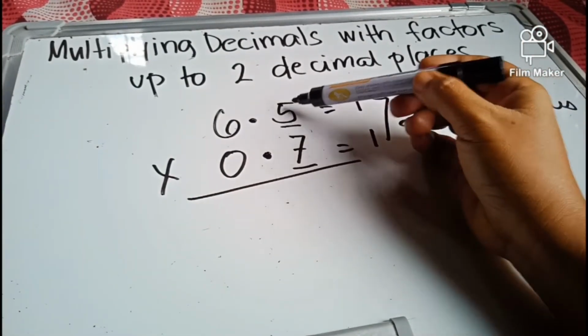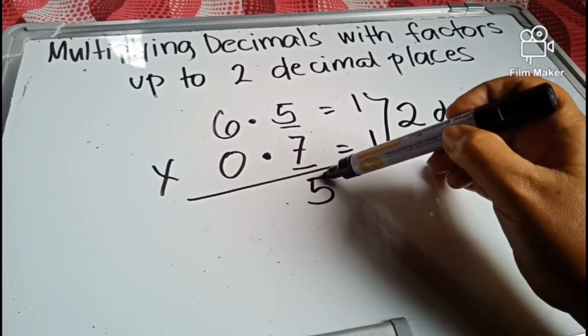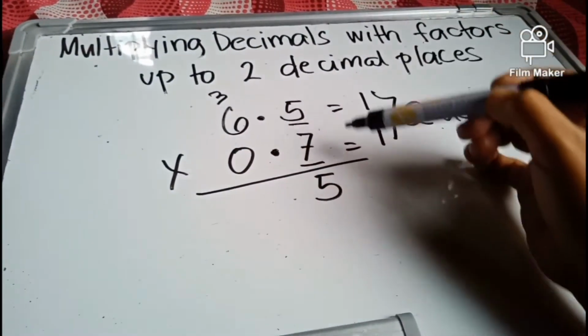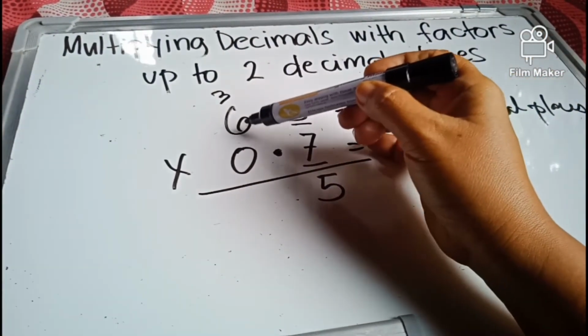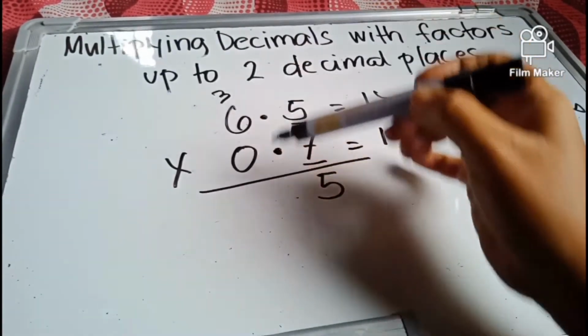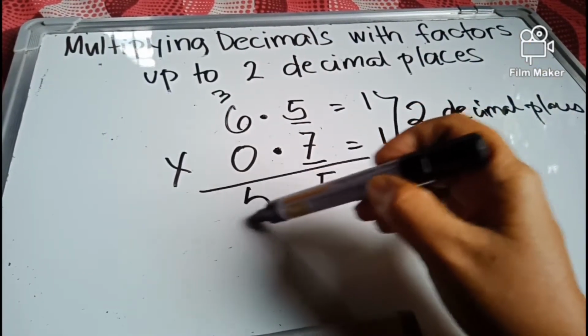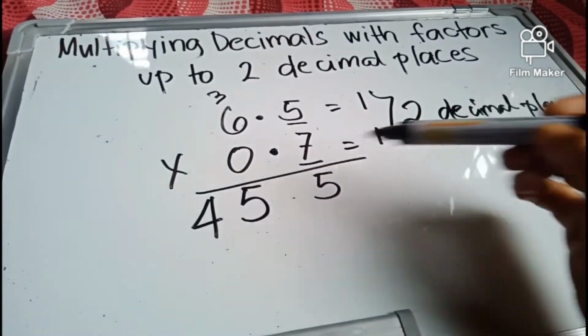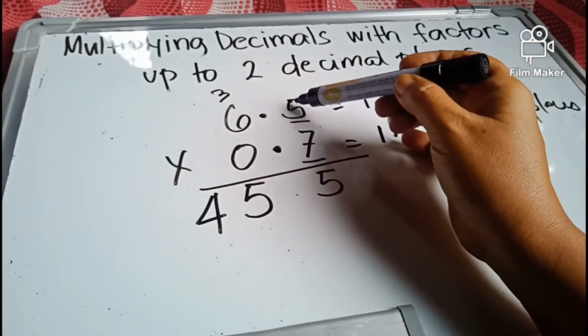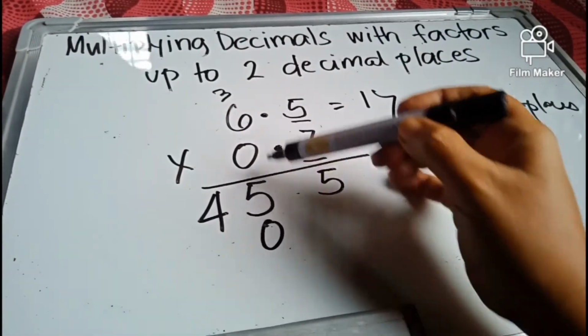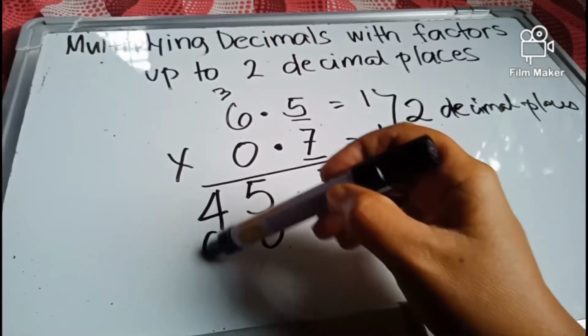7 times 5 is 35, carry 3. 7 times 6 is 42, plus 3 is 45. Then, next, 0 times 5 is 0. 0 times 6 is 0.